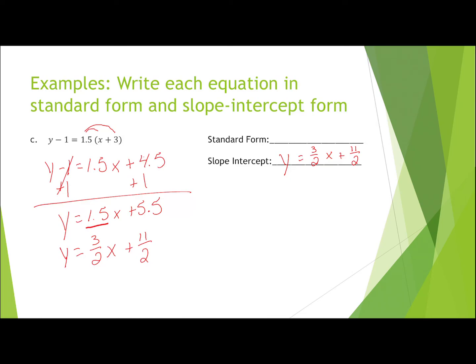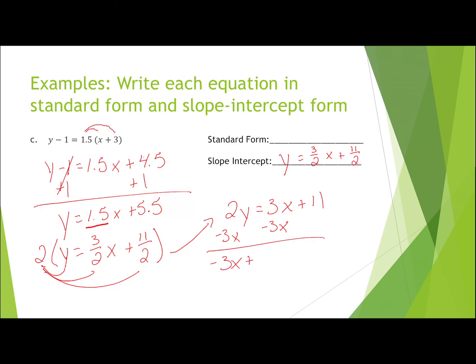Then we need our standard form. So remember our standard form, first thing, we can't have fractions. Multiply everything by what's on the bottom, which is 2. So now I'm going to just move over here where it's easier. 2y equals 3x plus 11, if we distribute this 2 into everything. X's and y's need to be on the same side, so let's subtract 3x.